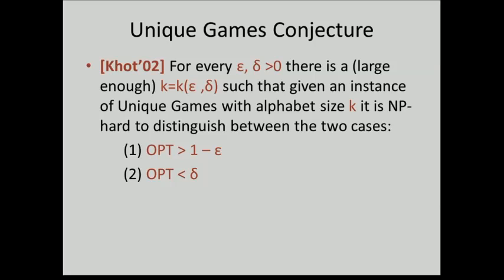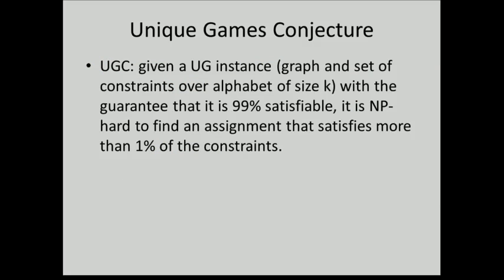So what this says basically is that if I have a 99% satisfiable instance of Unique Games, it is NP hard to even satisfy 1%. So to come up with an algorithm that satisfies 1% of the constraints.